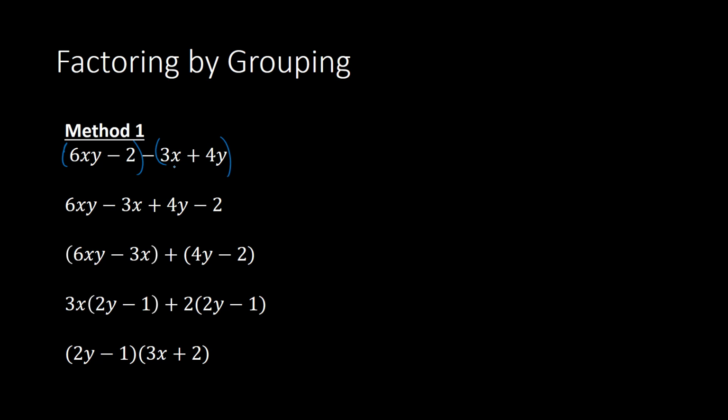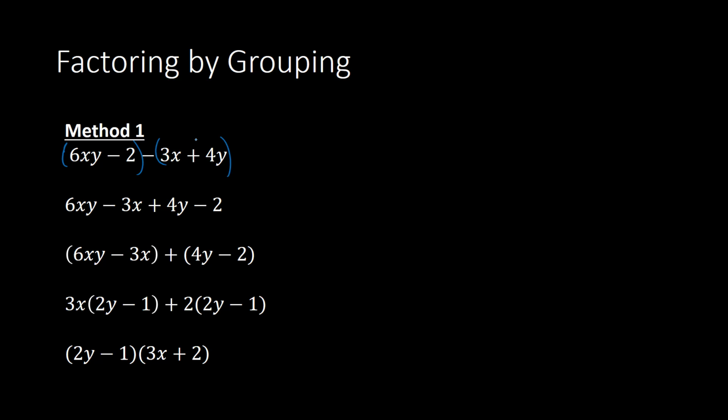Well, when you're grouping together, notice the process where we pull out what they had in common for each set of groups. If you group it together like this, yes, the first term you could pull out a 2, but the second set of terms, 3x plus 4y, there's nothing in common that we can factor. So that is an issue, which makes it where we cannot easily factor that way.